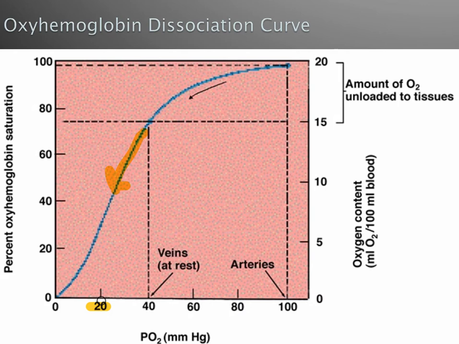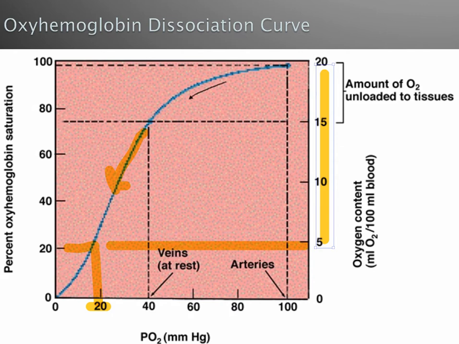So you can see that we are going to be even lower on this curve. Now maybe we're at a percent saturation of 20 and maybe a CVO2 of 5. Now the AVO2 difference is from 20 down to 5, so that AVO2 difference would be 15, right? 20 minus 5.